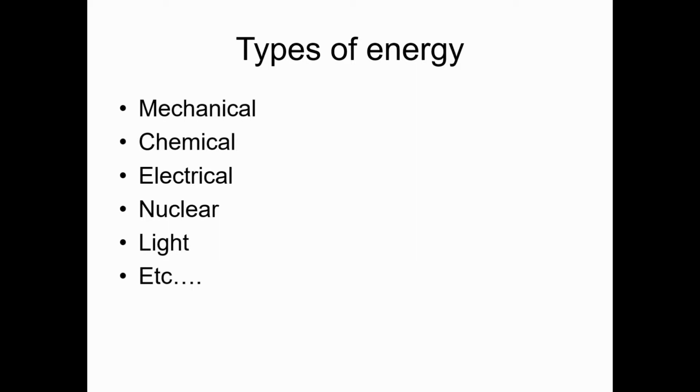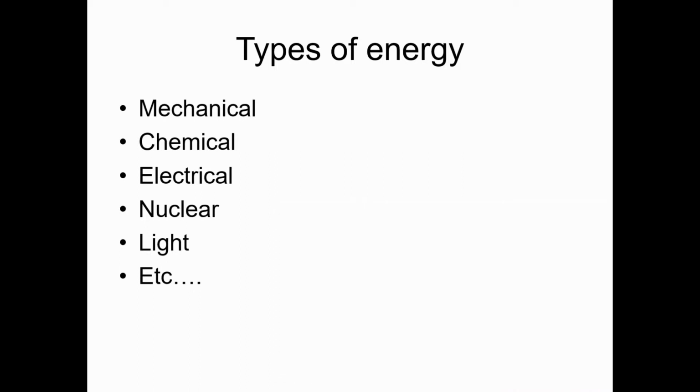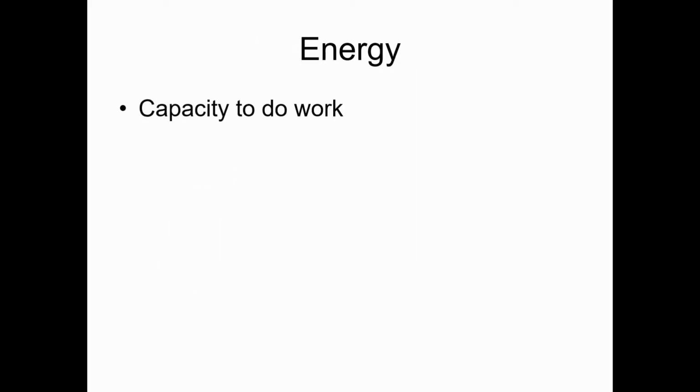Then while studying this chapter we have to know that there are many forms of energy around us, and some of the energy forms are mechanical energy, chemical energy, electrical energy, nuclear energy, light energy, sound energy, and there are many types of energies around us. So in this chapter we have to study about some types of energies.